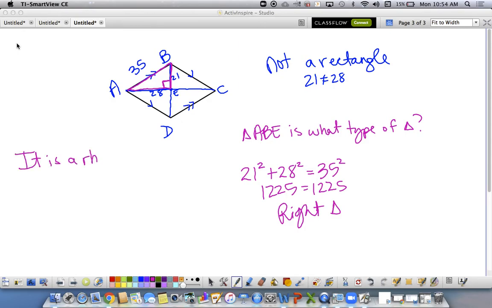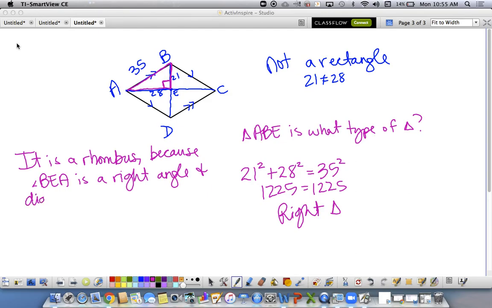This is a rhombus because angle BEA is a right angle and diagonals are perpendicular.